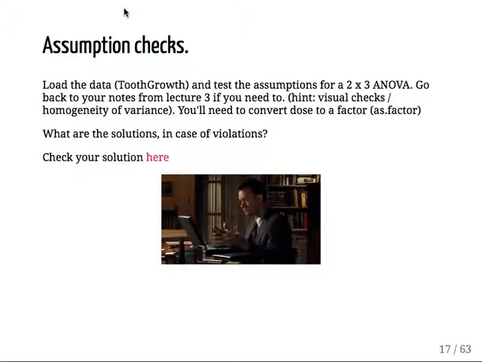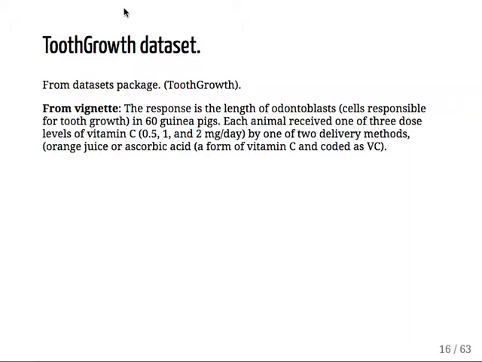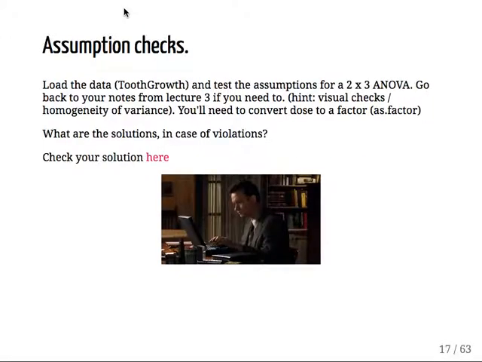the data from the ToothGrowth database, and test the assumptions for a 2x3 ANOVA. So remember, that's a linearity check, and that's a check for the homogeneity of variance. And you have to convert those to a factor because it will be listed as a number, 0.5, 1, and 2, but we want to treat it as a categorical variable rather than a continuous one. So what are the solutions in case of violation?